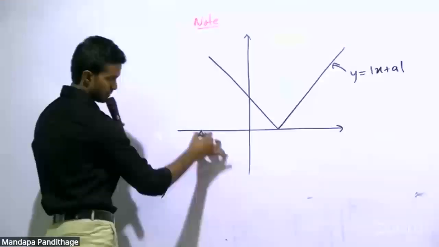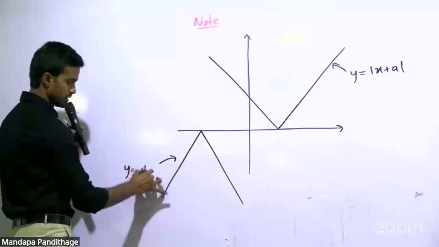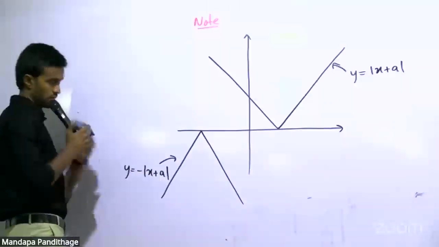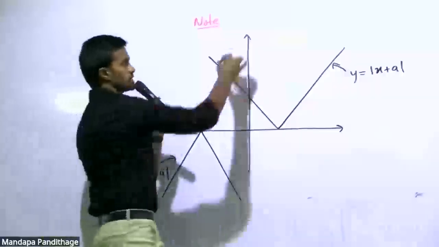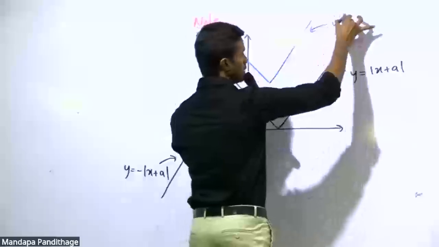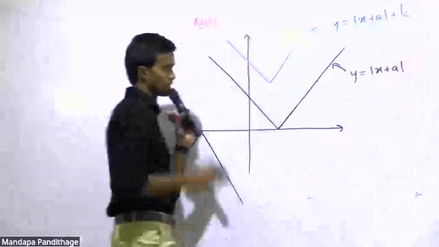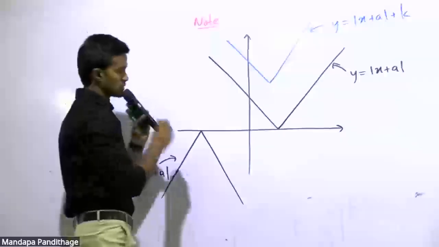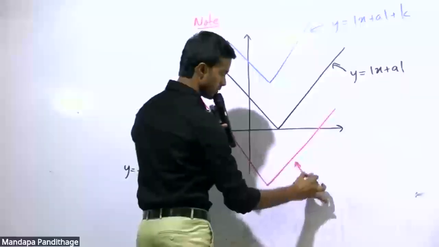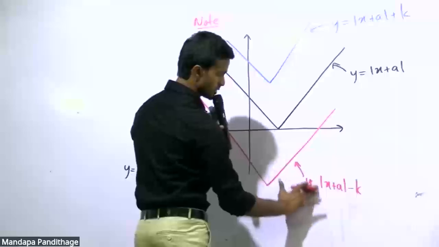And this graph, when you have a modulus, the coefficient is minus. The graph goes up when you have a modulus plus something, let's say plus k. And the graph goes down when it is a modulus minus.